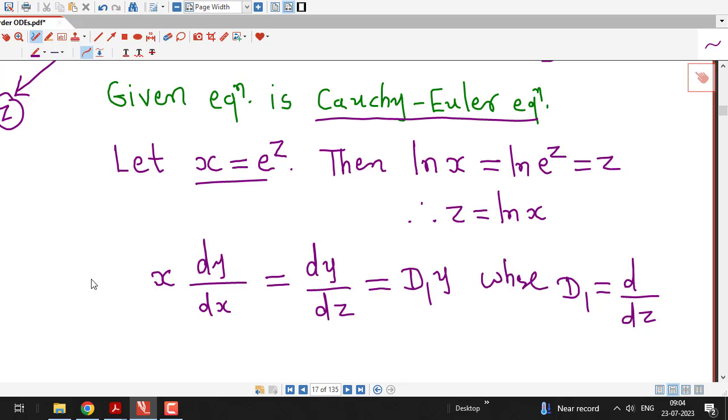All these things I have discussed in earlier lectures on Euler-Cauchy equation, so you can refer those lectures to understand all these things.